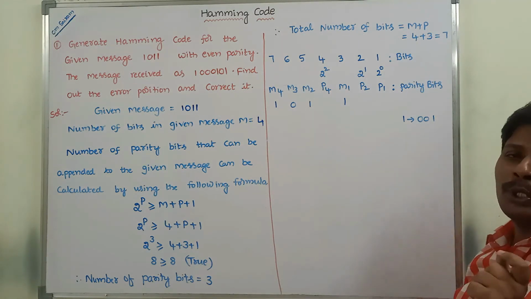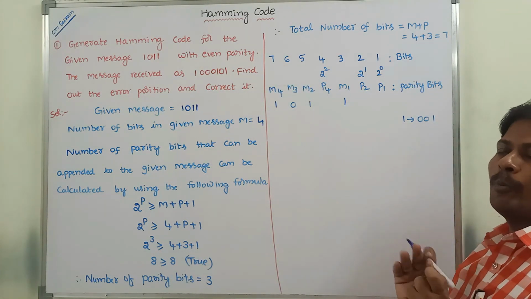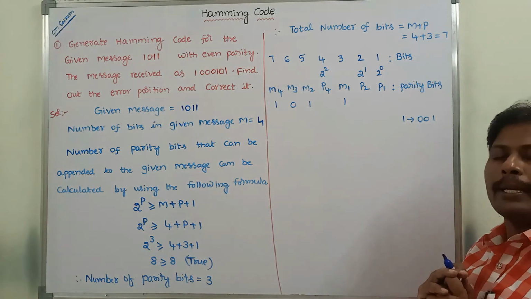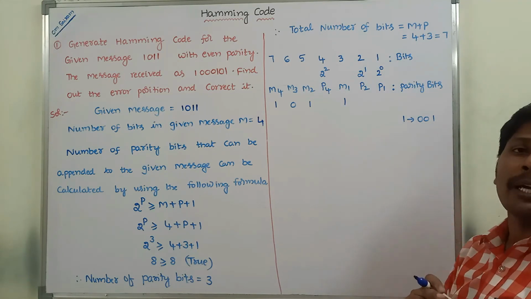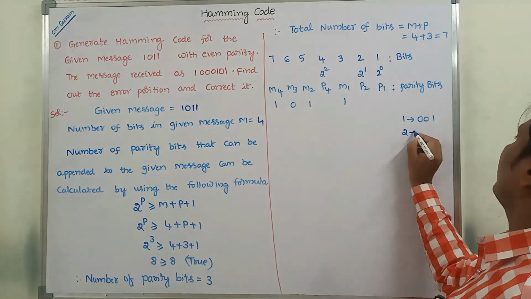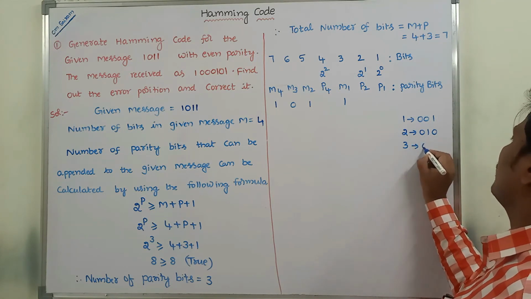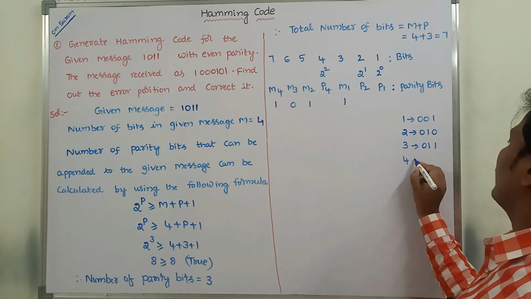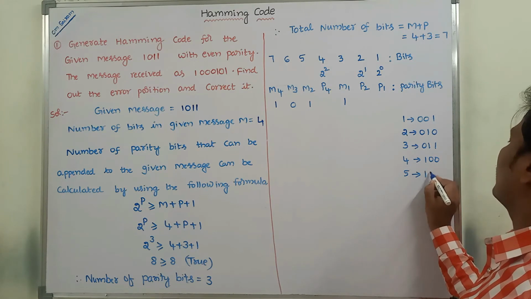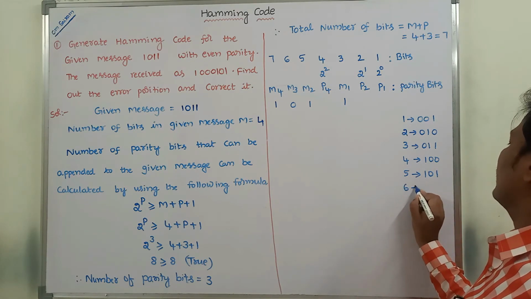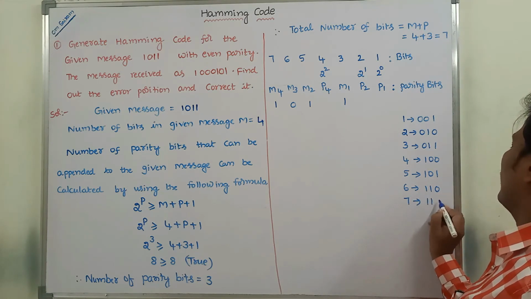For 1 to 7, 2 power 3 applies, so each position is represented in 3-bit binary form. 2 is 010, 3 is 011, 4 is 100, 5 is 101, 6 is 110, 7 is 111.